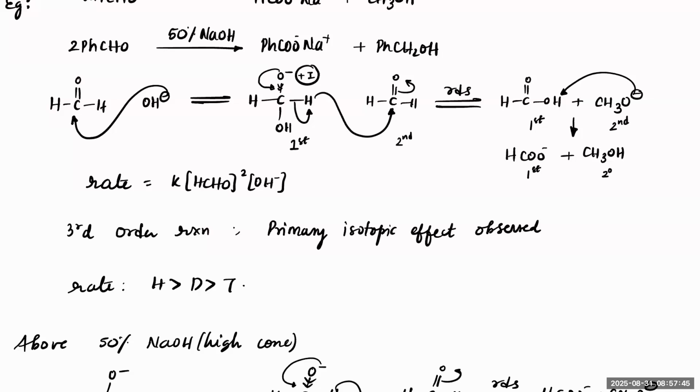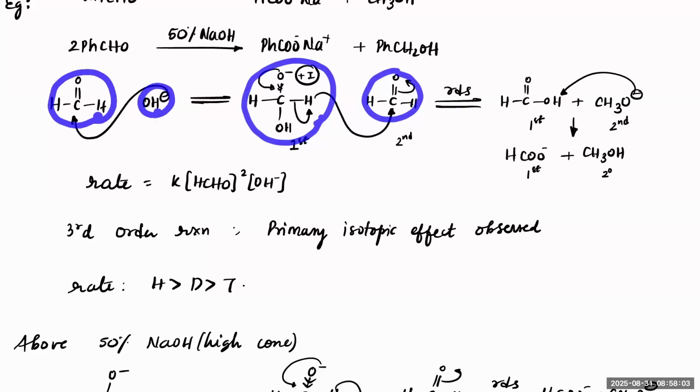Now, since this is the rate determining step, it depends upon the concentration of this aldehyde and depends upon this intermediate also. So where is this intermediate coming from? The intermediate is coming from OH minus and this, isn't it? So I can replace this intermediate with respect to some constant into these two factors.